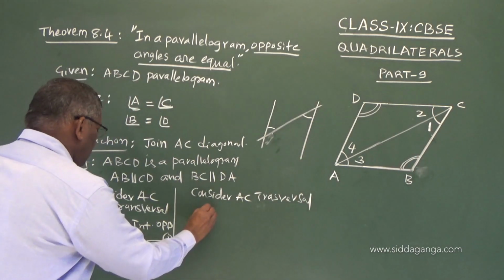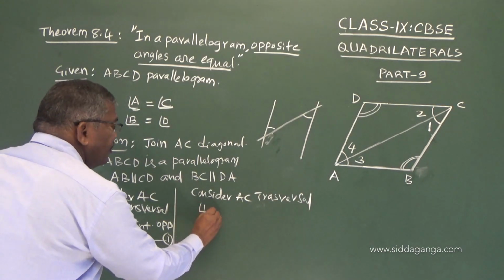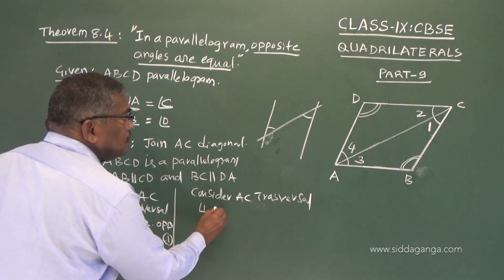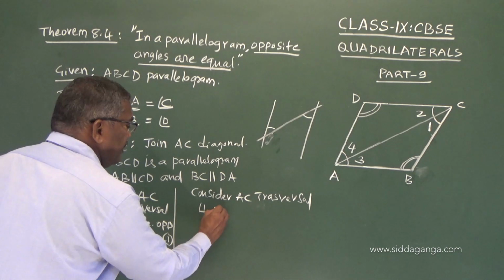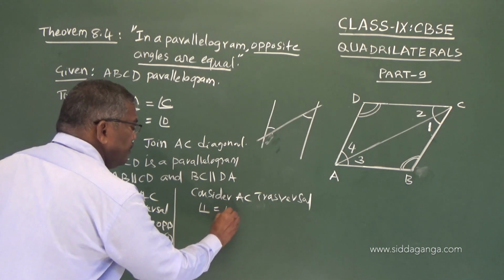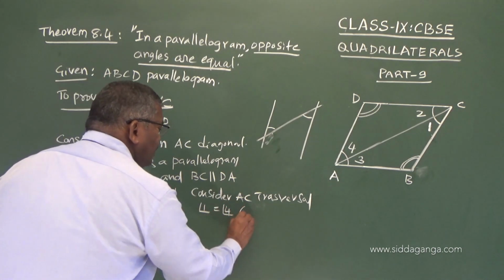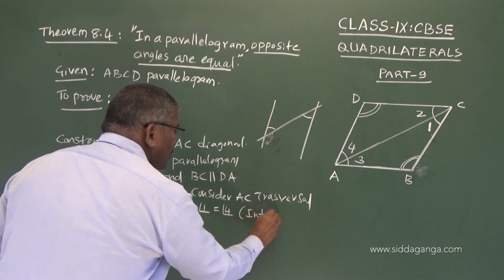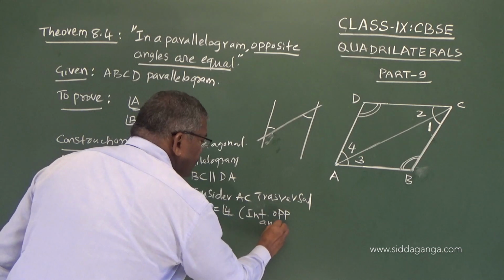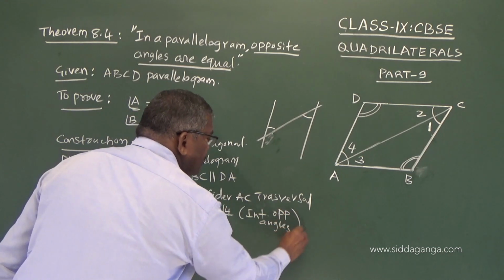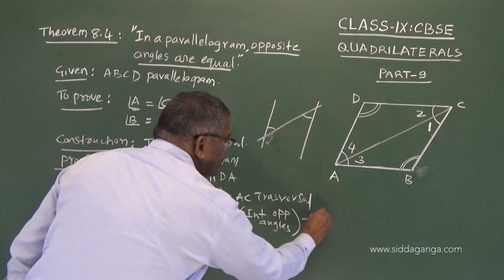So therefore angle 1 is equal to angle 4. The reason is again interior alternate angles. So call this equation 2.